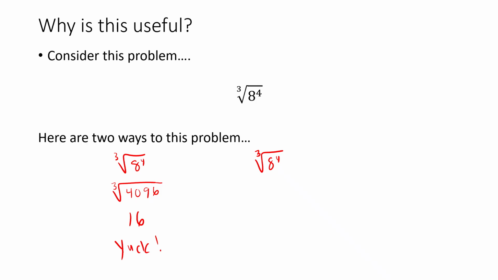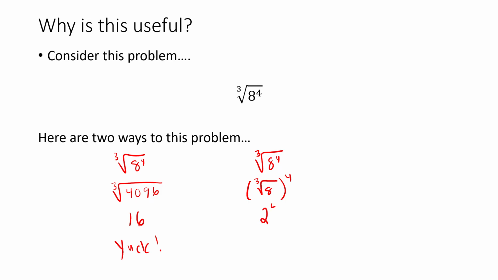But watch what I'm going to do. I'm going to take that 4 and say, well, that 4 doesn't have to be under the radical. I could write that 4 outside the radical like so. Now the cube root of 8, I actually do know that is 2, because 2 times 2 times 2 gives me 8.